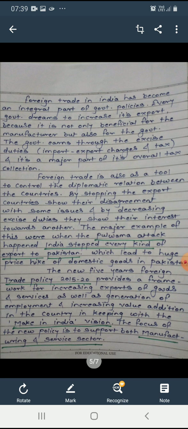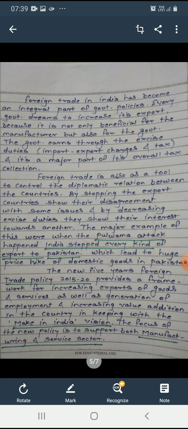Every government dreams to increase its exports because it is beneficial not only for the manufacturer but also for the government. The government earns through the excise duties, meaning import-export charges and tax, and it is a major part of its overall tax collection. Foreign trade is also a tool to control diplomatic relations between countries.